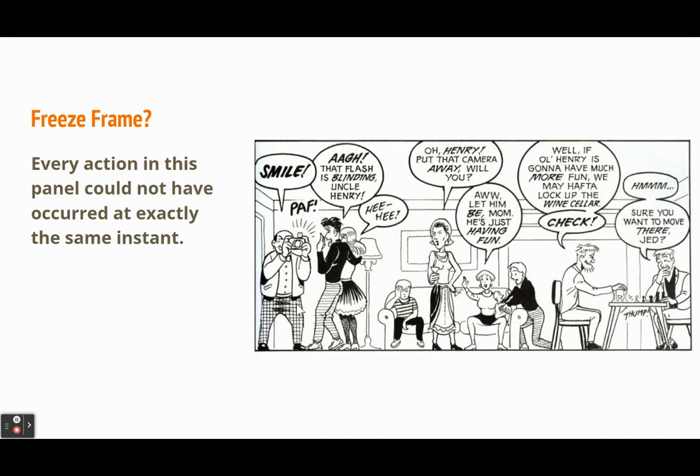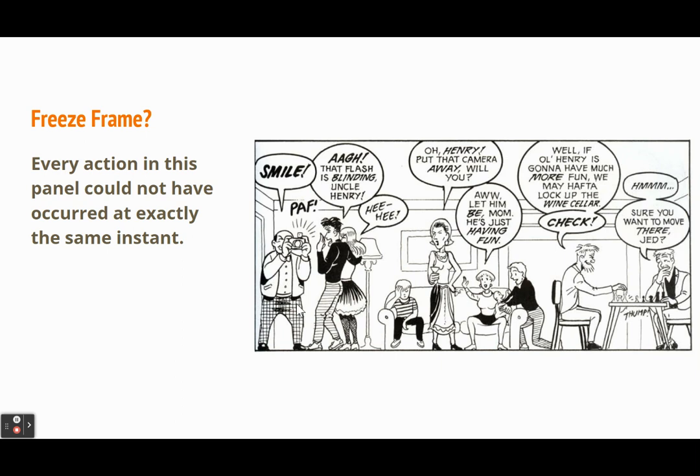McLeod has this panel, and if you look from left to right, you have the man taking the photo, you have the young couple giggling and talking about the blinding flash, you have Uncle Henry's wife, Aunt Madge, or whoever, yelling at Uncle Henry.